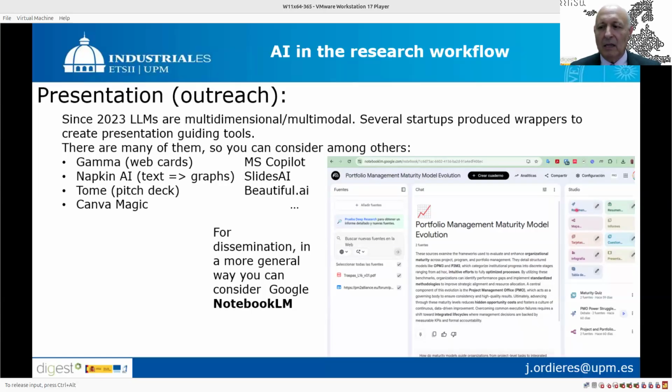The thing is rather powerful and produces a lot of different types of multimodal outcomes.